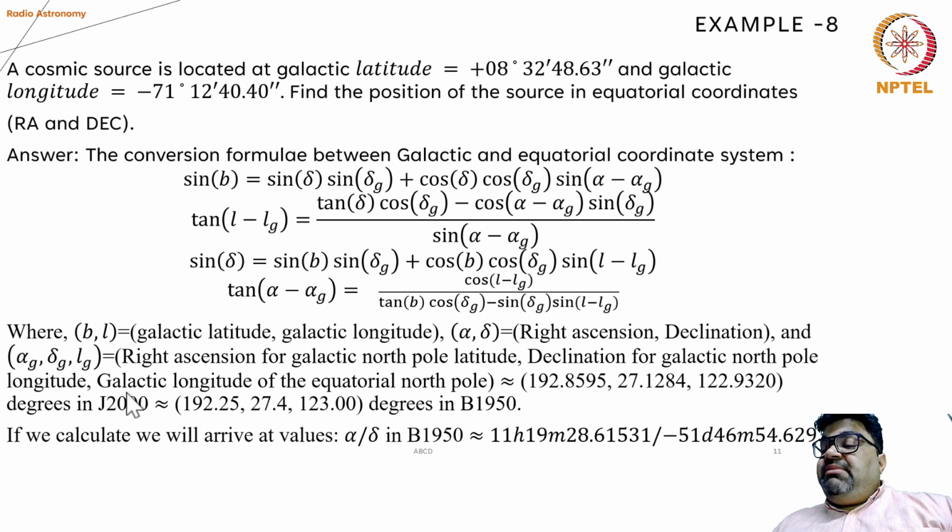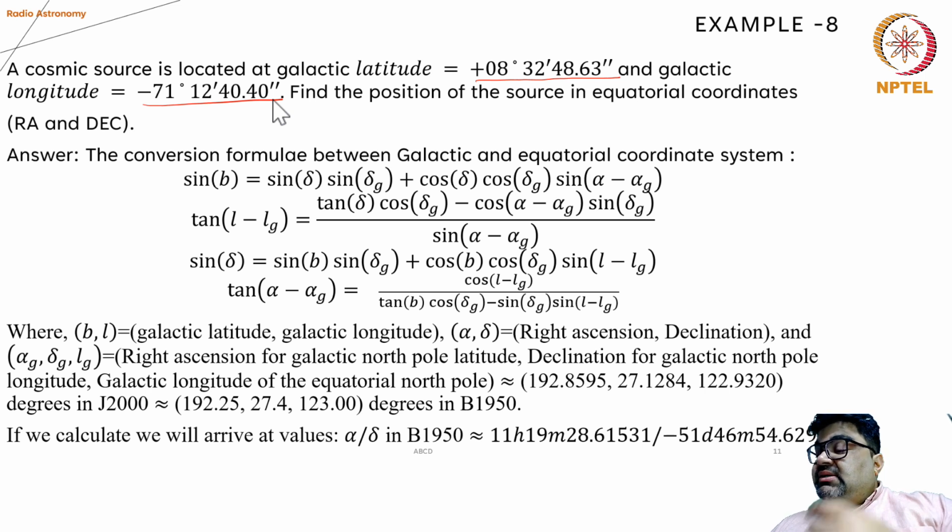So with that, you can calculate a lot of different things. Let's take up another example in this same method. A cosmic source is located at a galactic latitude of plus 8 degree 32 minute 48.63 seconds and galactic longitude of minus 71 degree 12 minutes and 40.4 seconds. Find the position in the equatorial coordinate system.